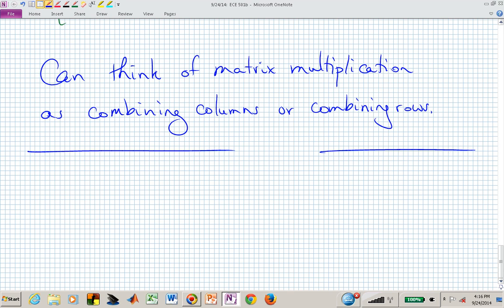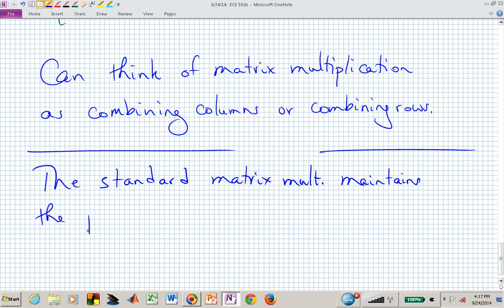Let's then move on and just remind ourselves that the standard matrix multiplication works for what reason? Because we have the same number of columns as rows in the first versus the second matrix. So the standard matrix multiplication maintains the properties we want.